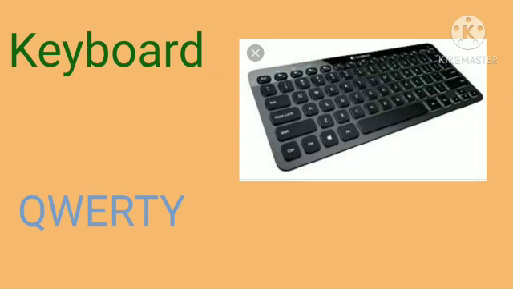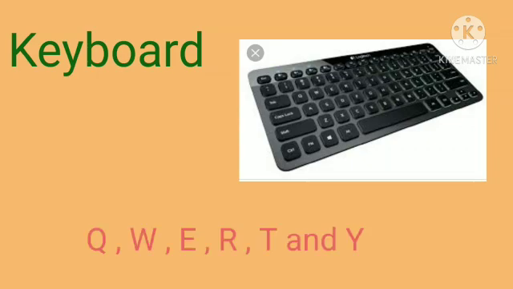Its first six alphabets are Q, W, E, R, T, and Y. A wireless keyboard connects with the computer without any wire. An on-screen keyboard is a software keyboard that appears on the screen.